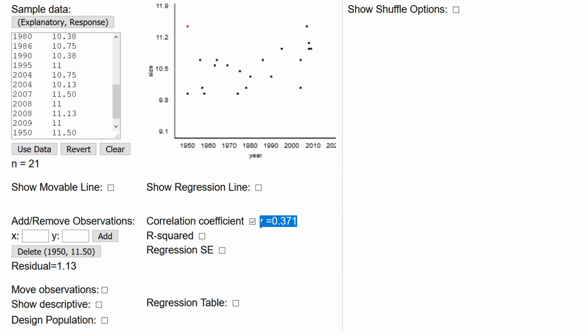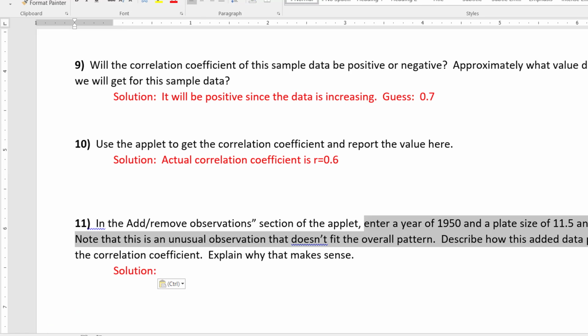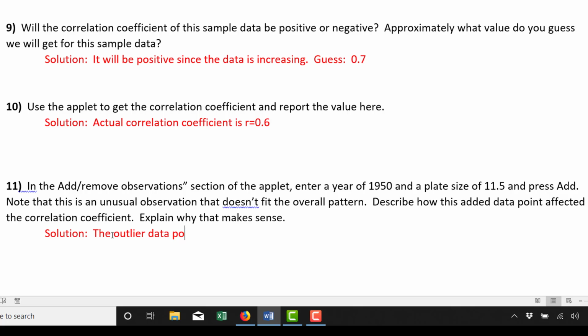The correlation coefficient changed to a value of about 0.37. The outlier data point of 1950, 11.5 changed our correlation coefficient to become 0.37. When we add an outlier, it made the data less associated with a linear function.